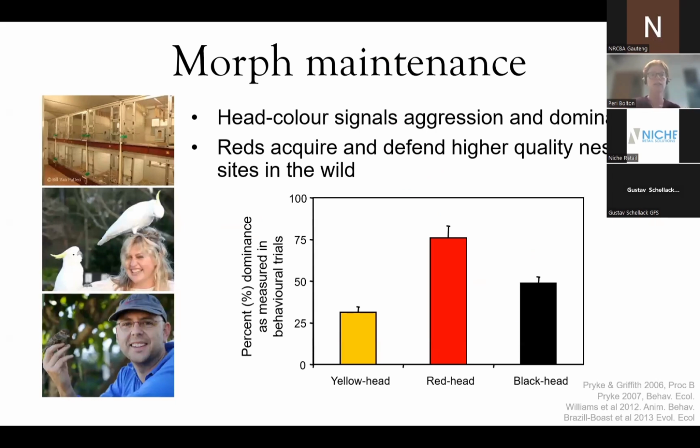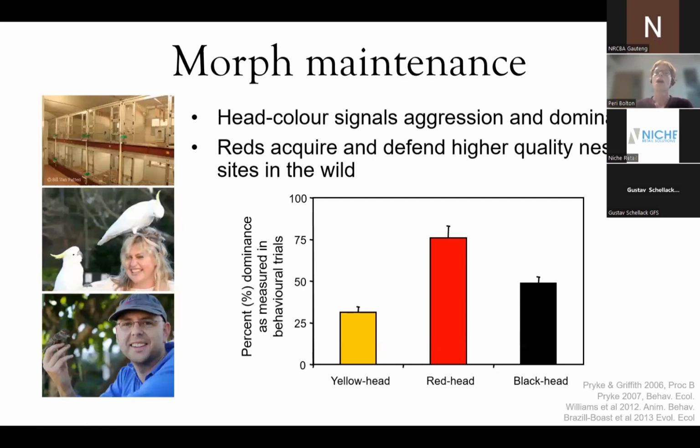So my predecessors, my PhD supervisor and the postdoc supervisor of Sarah Pryke, Simon Griffith, were interested in this fascinating maintenance of these head colour morphs across the range. They did a whole bunch of experiments in controlled enclosures, looking at behavioural differences between the morphs and how they coexist without one morph becoming completely dominant.